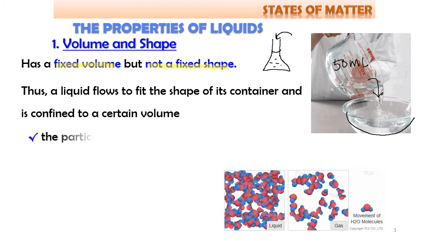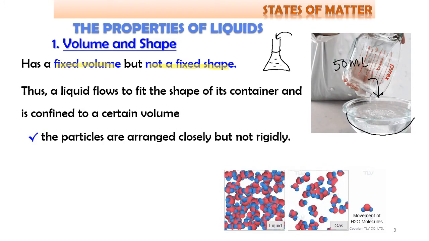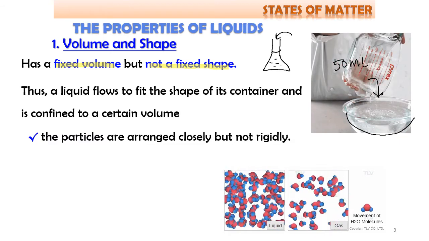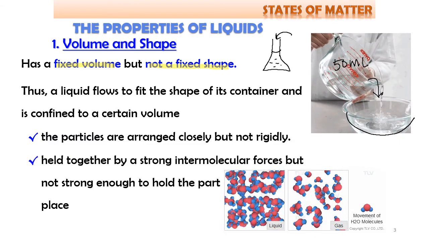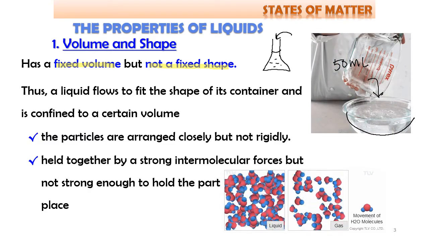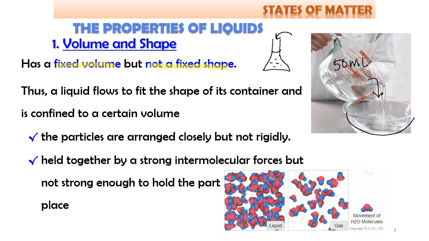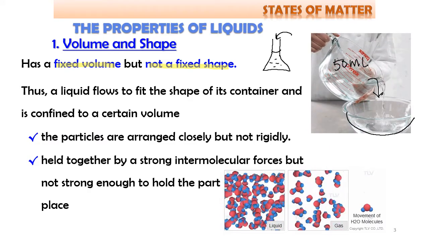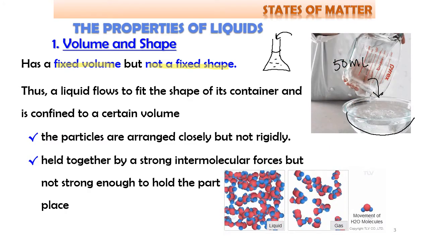The particles are arranged closely but not rigidly as compared to solid, but it is still held by strong intermolecular forces, but it is not strong enough to hold the particles in a fixed position.